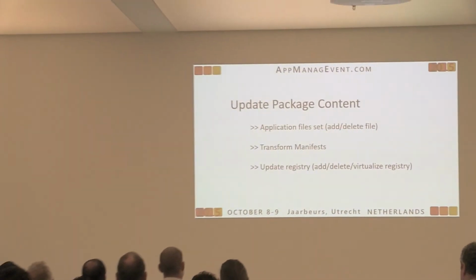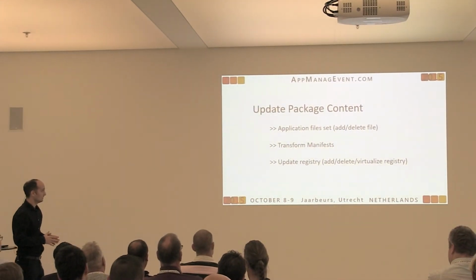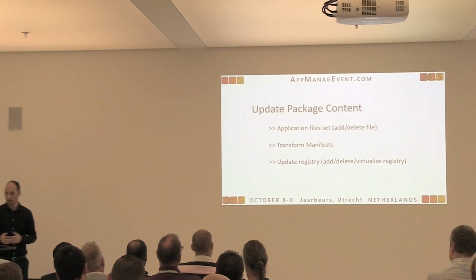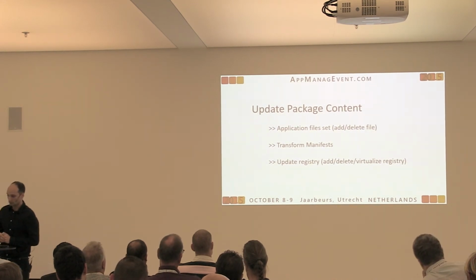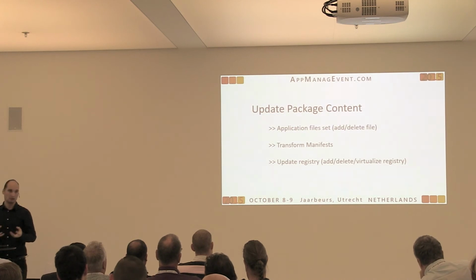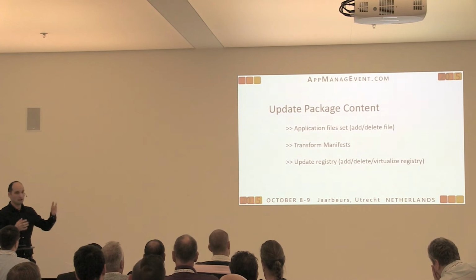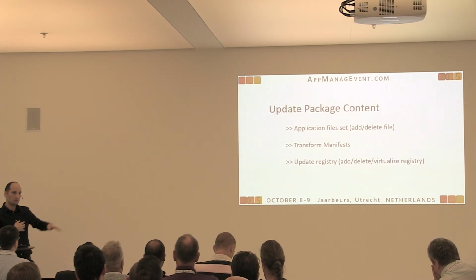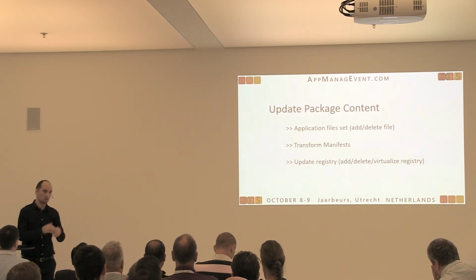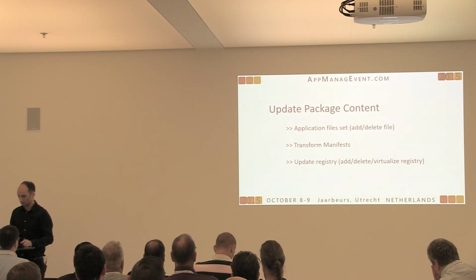Updating the package content. This is a multi-stage operation and takes more time and is a little bit more complicated. So basically we are loading the XML files first. Adding the files is simpler, because once we extract them in the temp folder, we just do a copy operation and put the files in the new package content that we have in the temp folder. So that's really simple, it's nothing complicated.